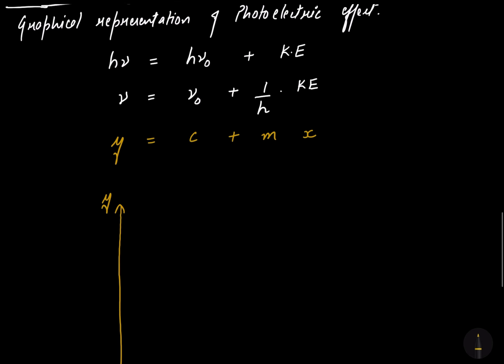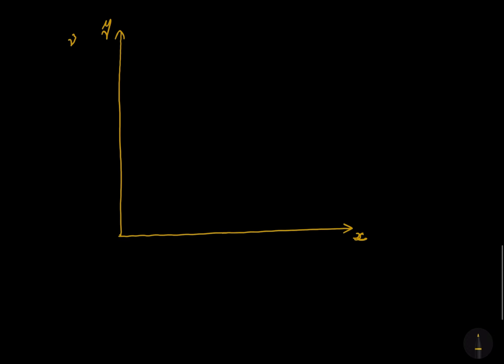Now on y-axis what we are having, just compare it. On y-axis we will be having frequency, that is nu. On x-axis what we are having? We are having kinetic energy. So on x-axis I am taking kinetic energy.